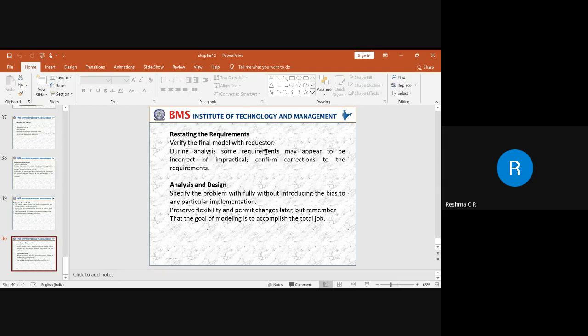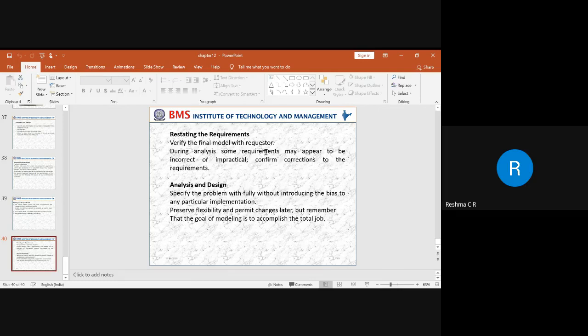So for that, we are trying to identify with respect to the business experts. With respect to the business experts and the domain experts, we need to verify the analysis model, to make sure that whatever requirements we have collected, and whatever model we are going to build with respect to the requirements, is almost correct.